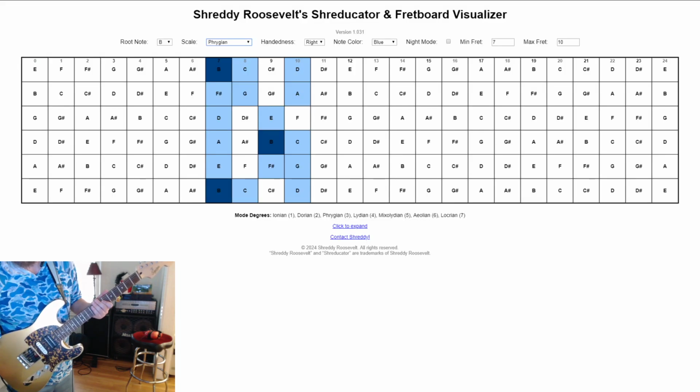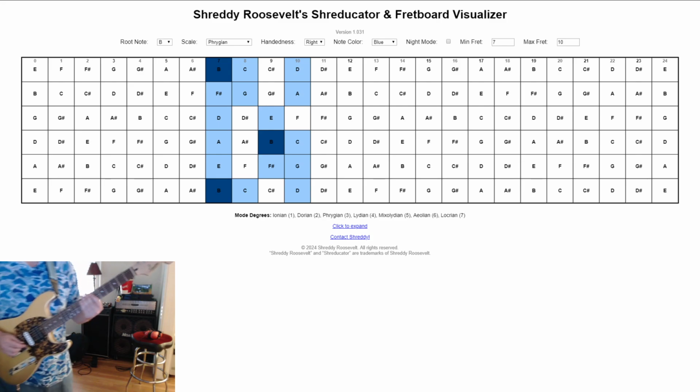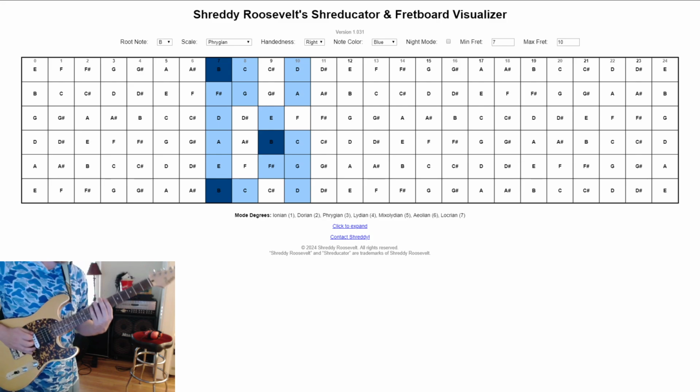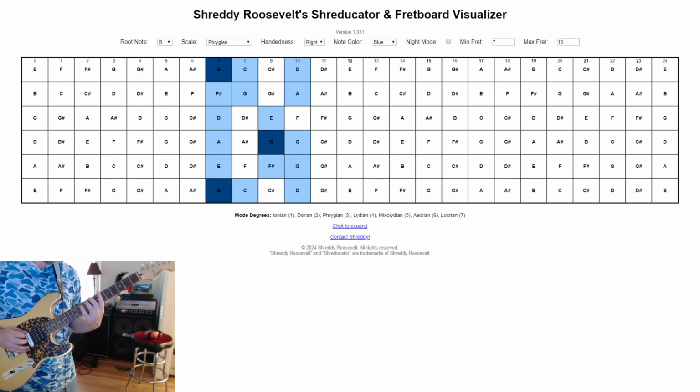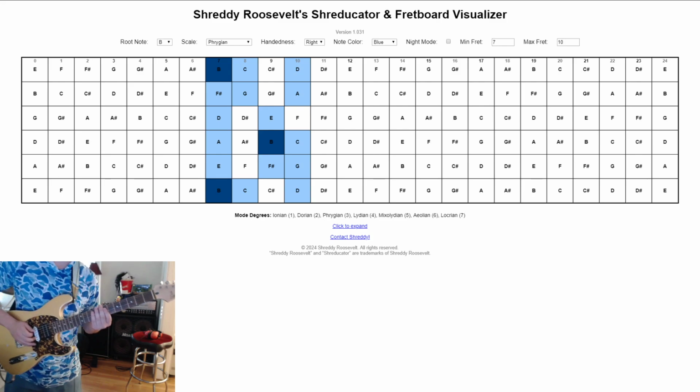Now check that out. Now this pattern has a real nice feel to it. It's, you know, got an exotic feel. Play it all the way from top to bottom.